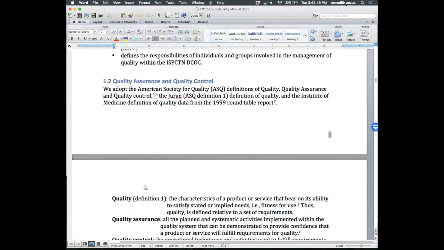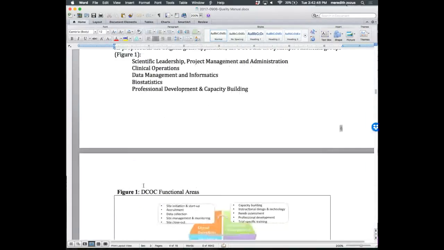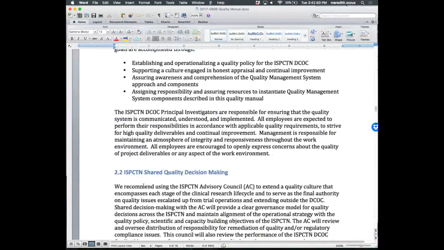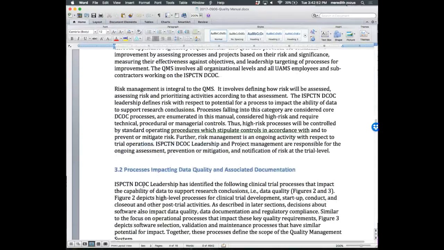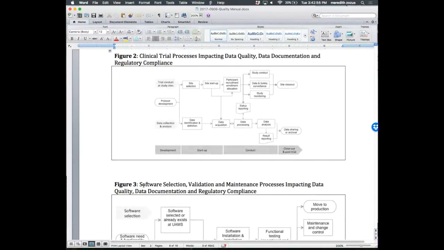And so how we talk about that is, let me scroll down. So these two diagrams, basically, if you look at the shaded area in the bottom, is clinical study development, startup, conduct, and closeout. And then we partition that more finely into data collection and processing aspects.